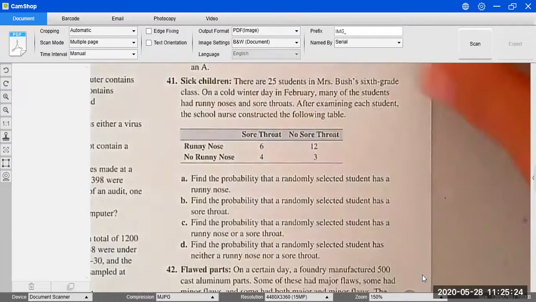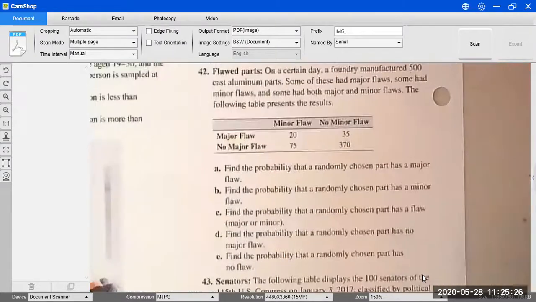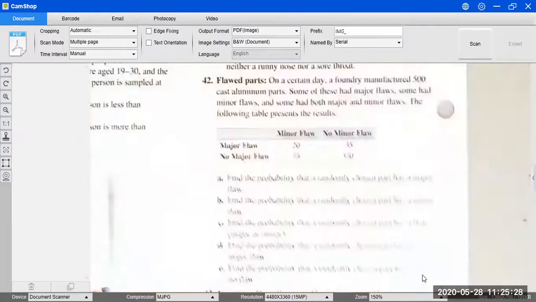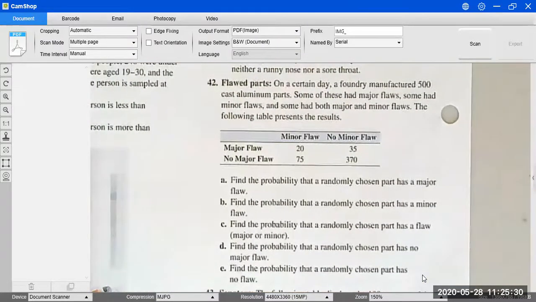Then you have another problem, 42, another contingency table. I'm going to give you time to solve those problems and have them ready to submit later once we finish the lecture.